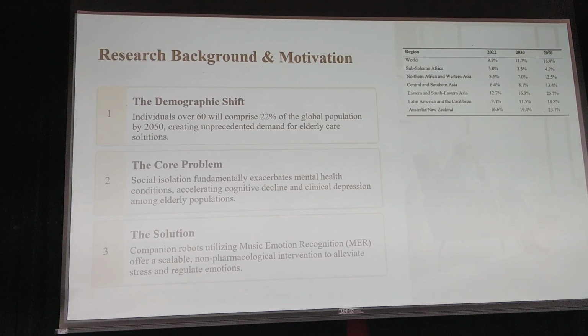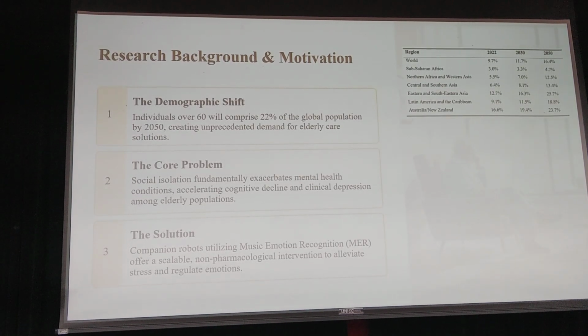First, let's look at the background of our research. The world population is changing fast. By 2050, 22% of people will be over 60 years old. This change causes big problems, especially loneliness. Being lonely can quickly lead to brain decline and deep sadness.